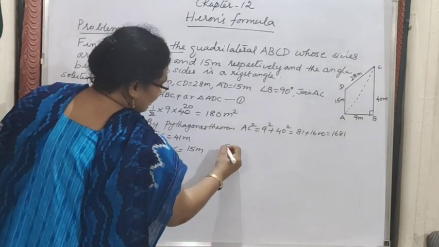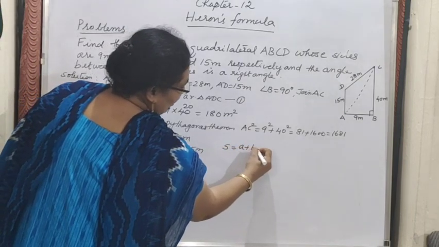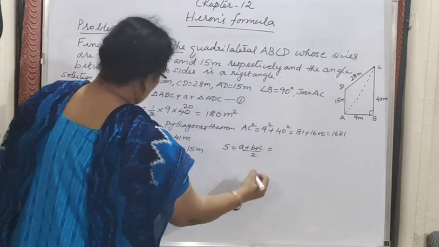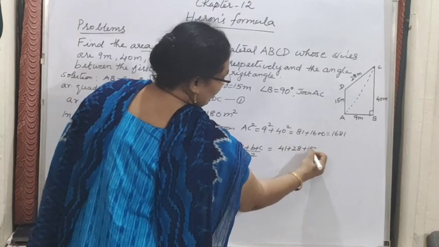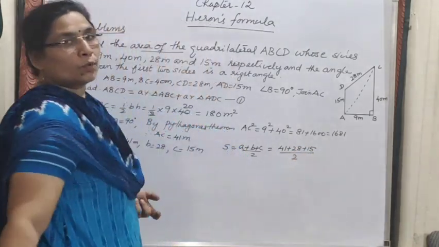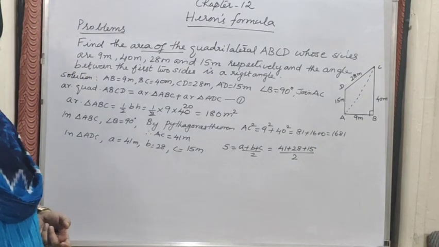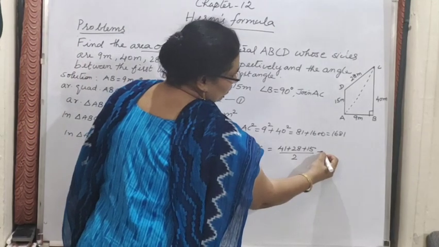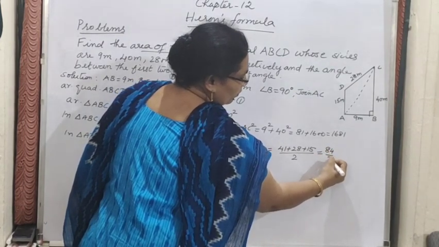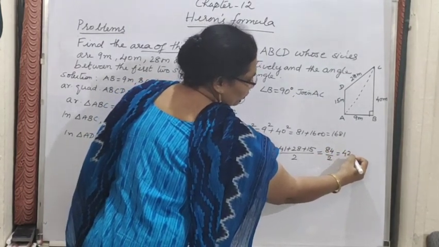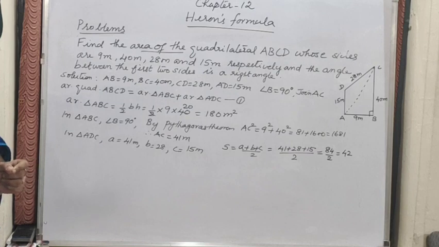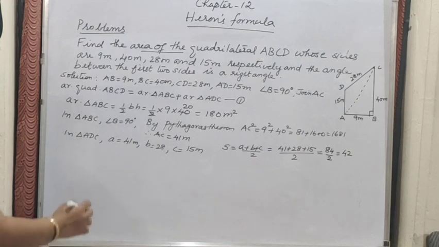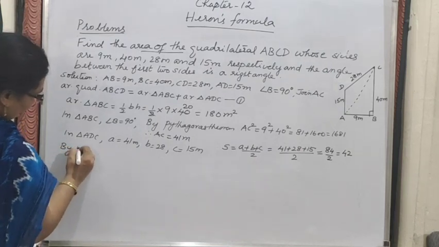So I am calculating S. S equal to a plus b plus c by 2, which is 41 plus 28 plus 15 divided by 2, equal to 84 by 2, equal to 42. So we got 42 as the semi-perimeter. Next we have to use Heron's formula, so I'll write by Heron's formula.